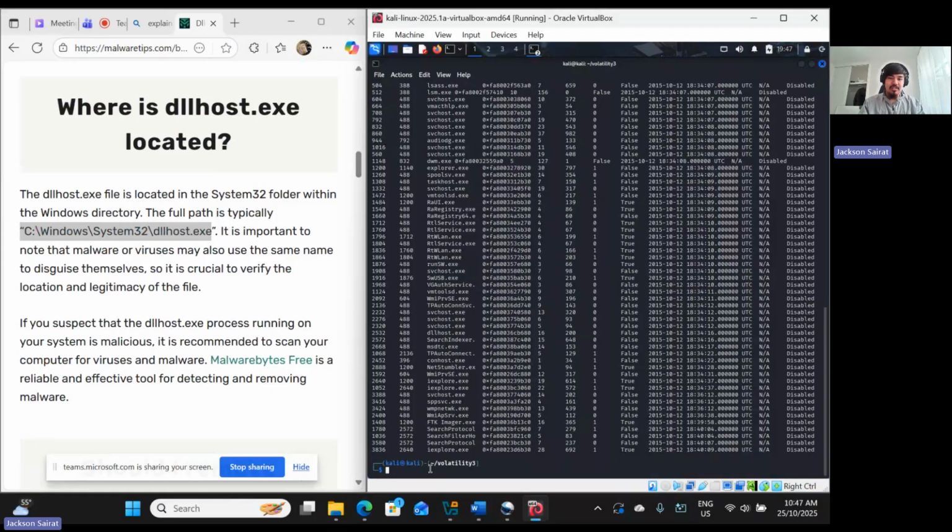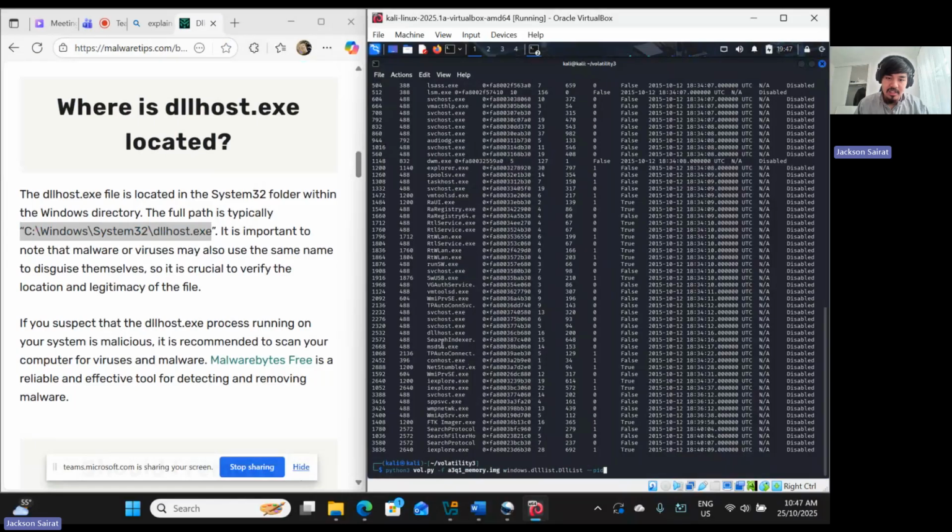To research where a process is being stored, or the file path of the process, use the command python vol.py -f, the memory dump, windows.dlllist.DllList, with capitals. I'm going to get rid of this and use --pid and insert the PID of the process you're trying to investigate.